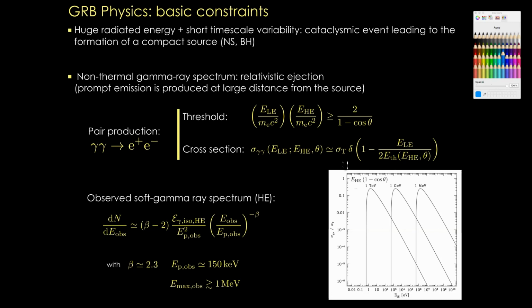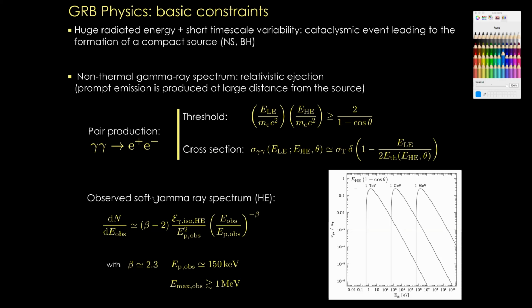So to do the precise calculation, we need an additional argument, which is the spectrum of seed photons at low energy that a high energy photon will meet. The idea is that a high energy photon will cross many low energy photons, will interact with them, and we want to find the condition for allowing the high energy photon to still escape from the source.